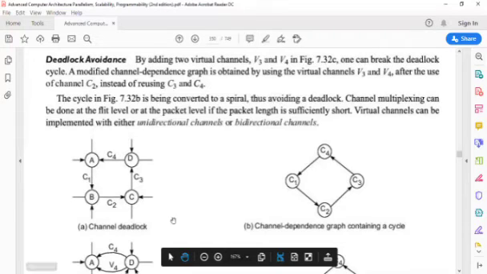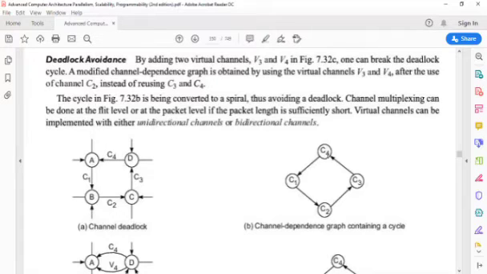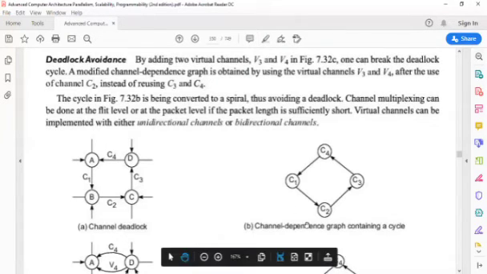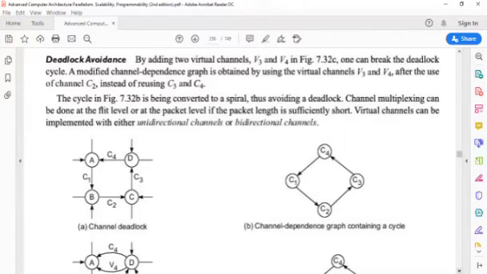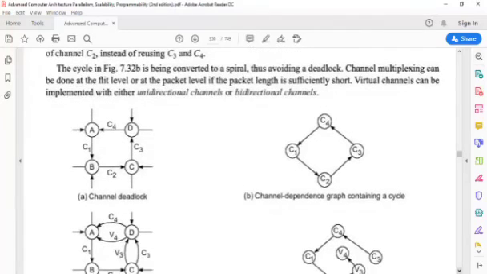This deadlock is represented by a channel dependence graph, and it contains a cycle. That is, channel C1 is waiting for channel C2, channel C2 is waiting to get a resource from channel C3, and channel C3 is waiting to get a resource from channel C4, and that forms a cycle.